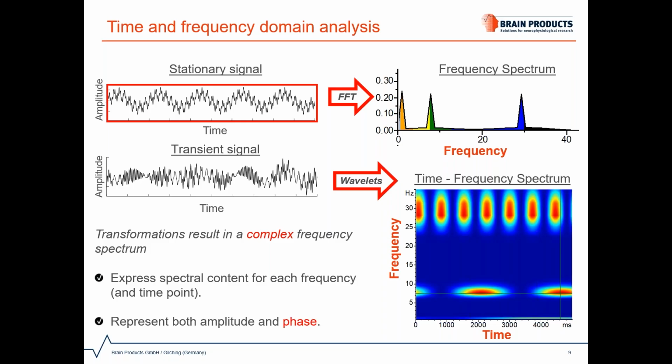The coefficients are complex values that have a real and an imaginary part. In combination, they can represent not only the amplitude, as in these images, but also the phase information of the oscillation. So let's see what this means and how a complex value can represent both phase and amplitude at the same time.